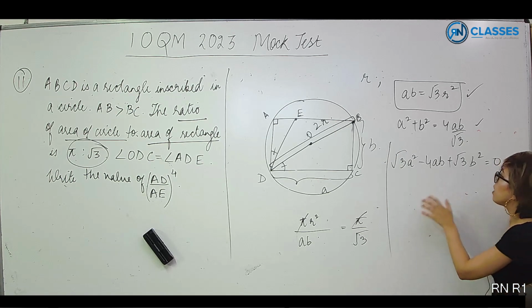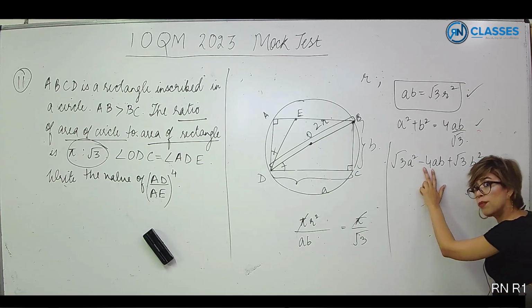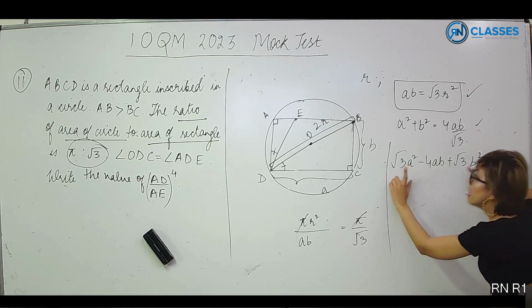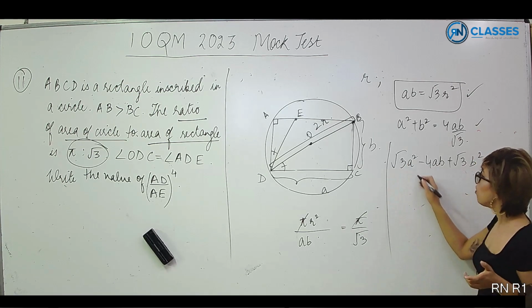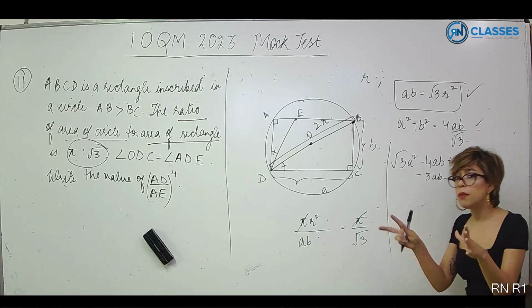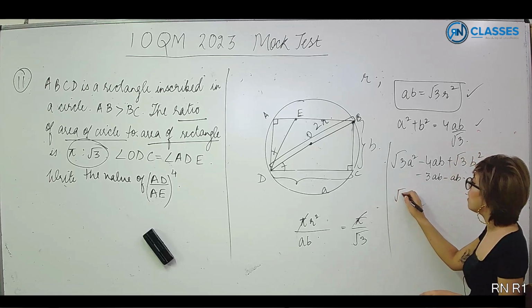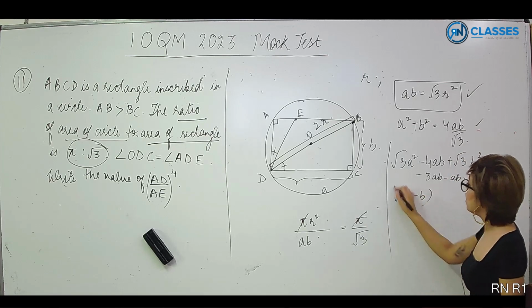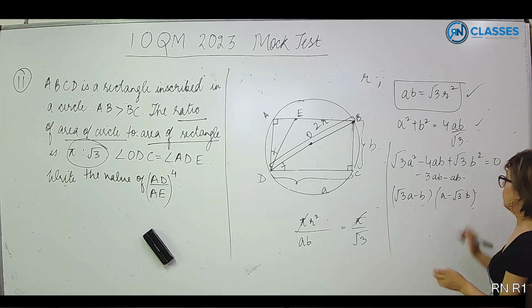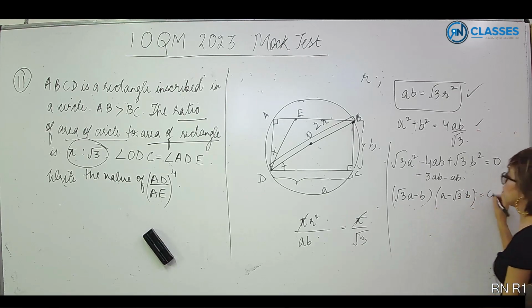Why? I need to think of splitting minus 4 into two numbers such that the sum is minus 4 and the product is 3. That I can do as minus 3AB and minus AB. That is not a big deal. For splitting the middle term, you will get the factors as root 3A minus B into A minus root 3B, which is equal to 0.